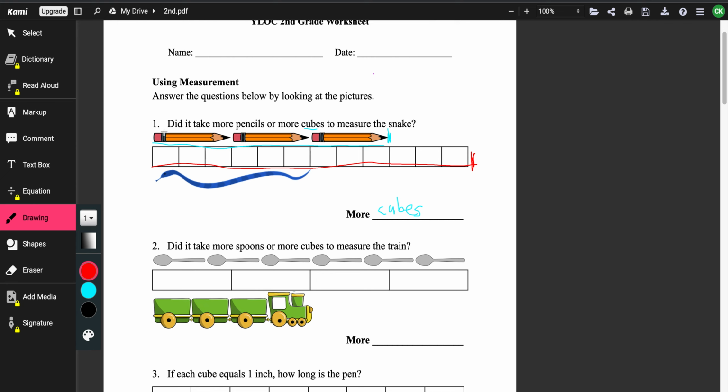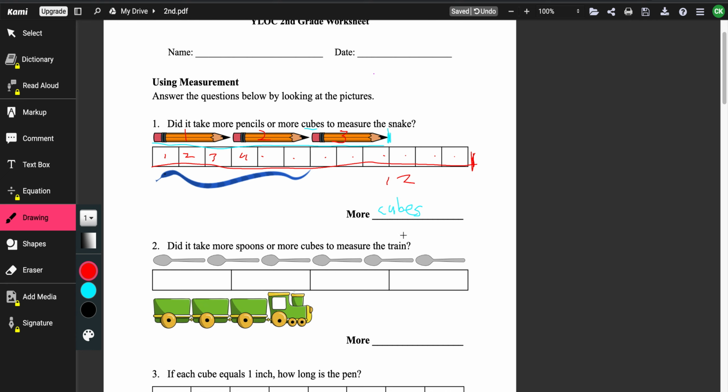So for number 1, actually, what you would do is count how many pencils there are. So there are 1, 2, 3 pencils, and there are 1, 2, 3, 4, 5, 6, 7, 8, 9, 10, 11, 12. There were 12 cubes used, but there were only 3 pencils used.